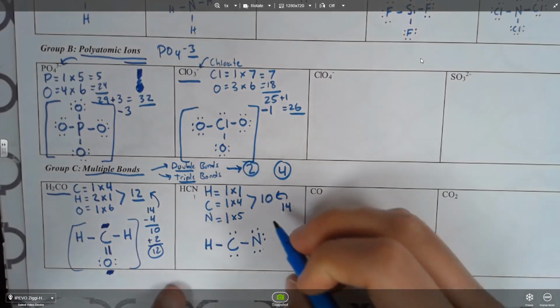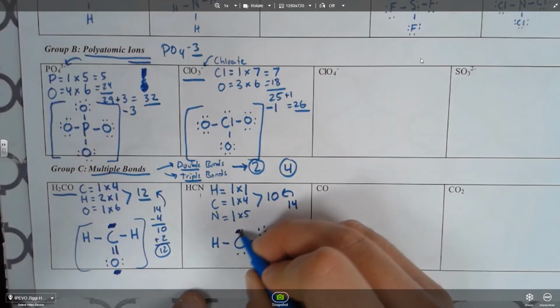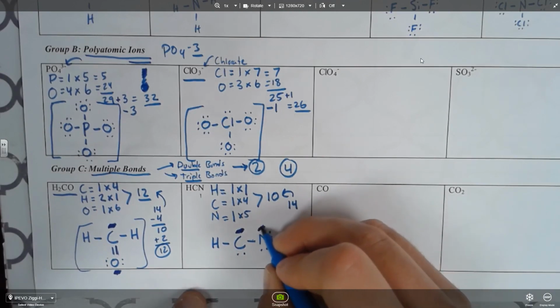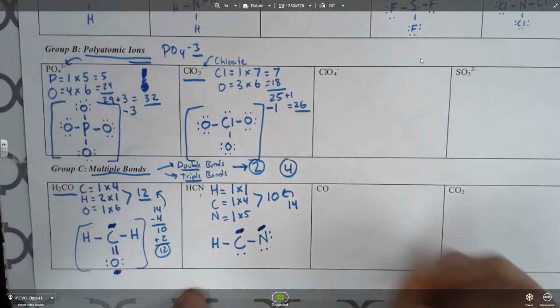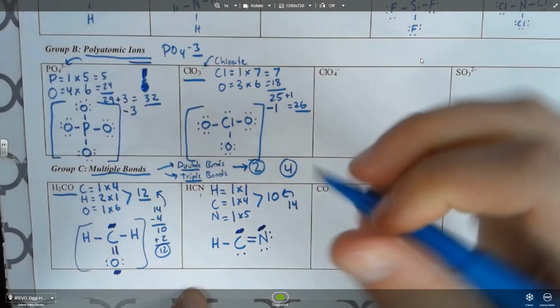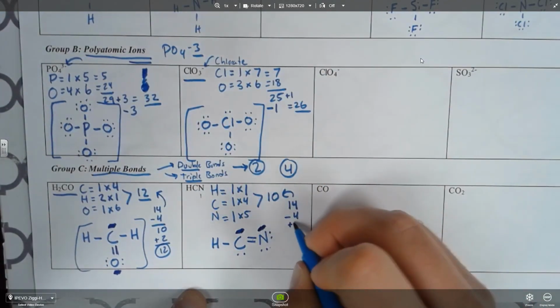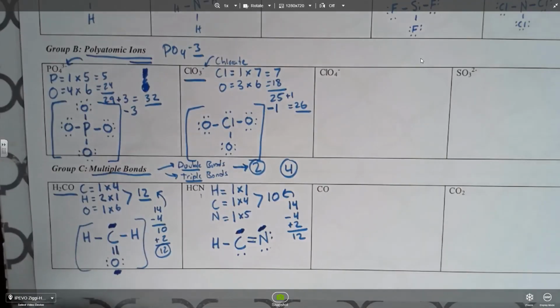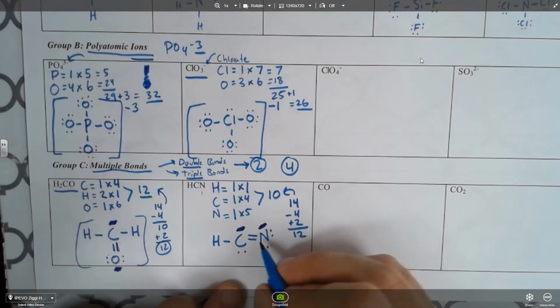So we're going to do that, we're going to erase this pair, and we're going to erase this pair. Okay, and when we do that, we can add a line. So we're taking 4 away again and adding 2. So now we're at 12, but we still need to get to 10. So for this last pair right here, okay, these last 2.